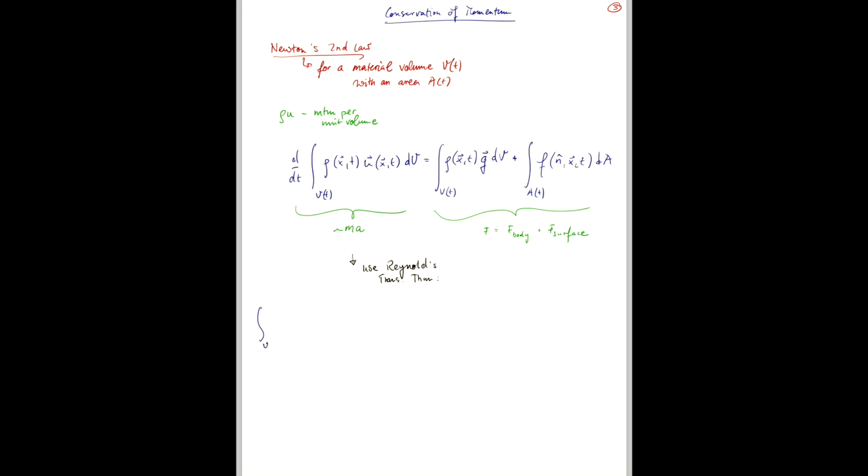So now we integrate over the volume, d by dt of rho u dV, plus the integral over the area of rho u times u dot n dA. And that has to be equal to the force integrals, which is the integral over V of rho g dV plus the integral over A of F(n) dA.